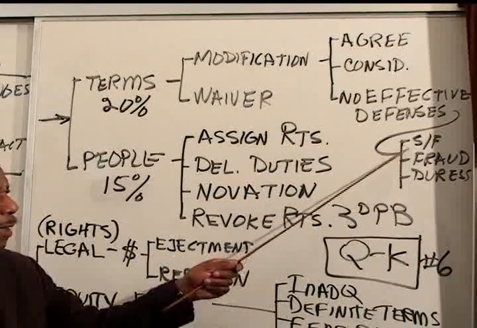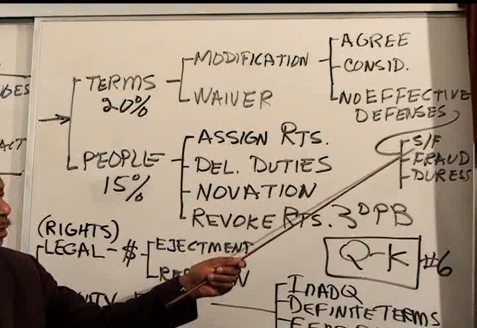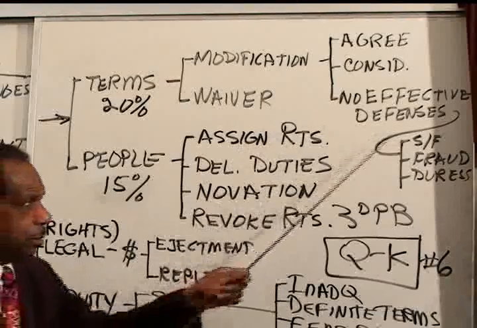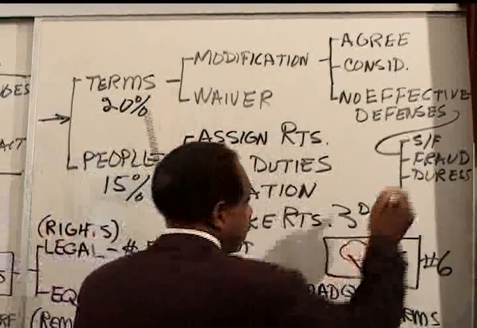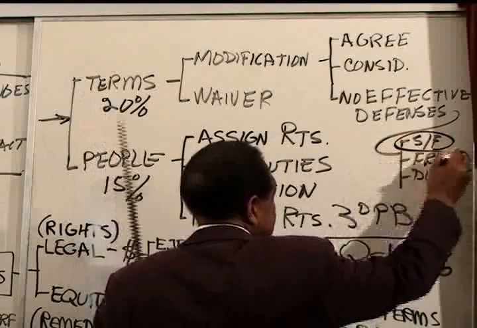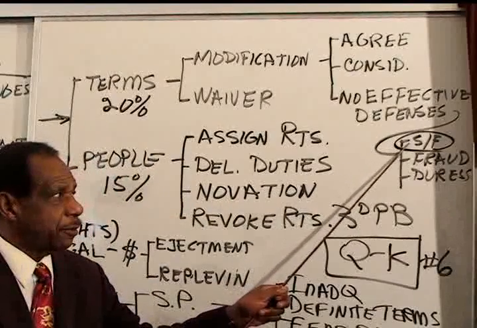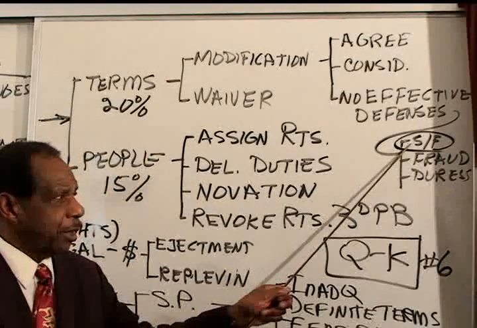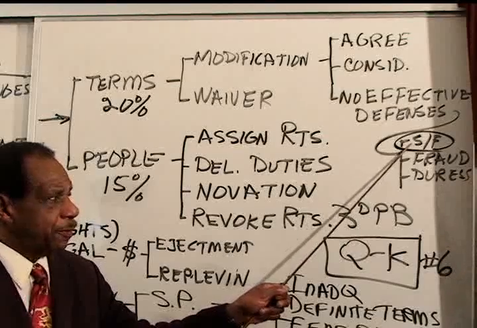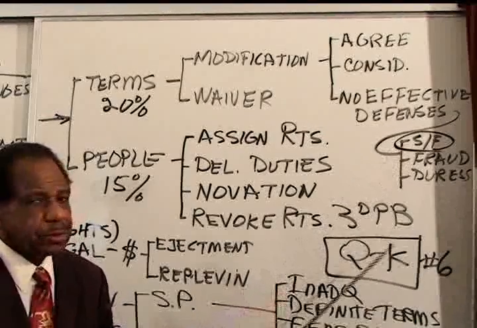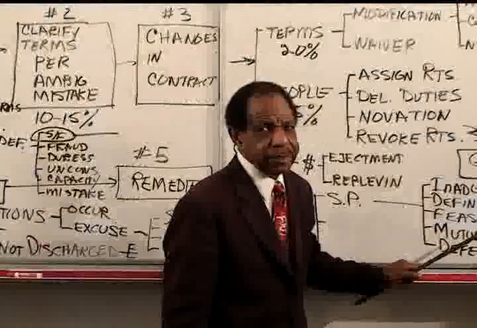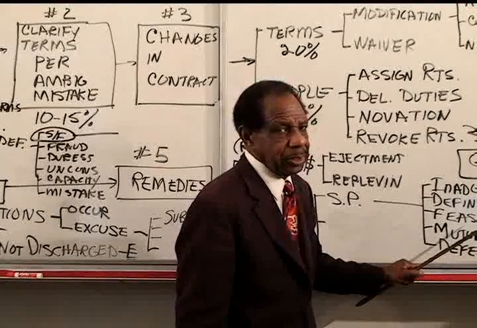Right here, they did not satisfy the statute of frauds as to the modification, but we may get by that because the seller relied on the extra 30 days and it'll be treated as a waiver. But seller also committed fraud when he lied on the telephone about why he wanted the extra time.